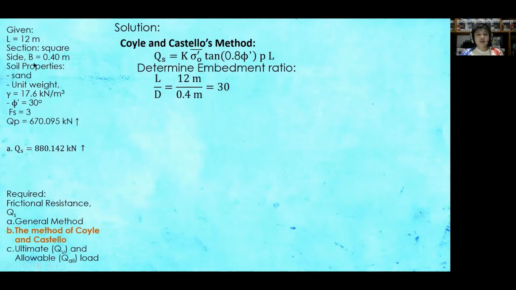But if this is circular, then that is the diameter. So for this problem, that is 0.4 meter. Thus, L over D is equal to 30.